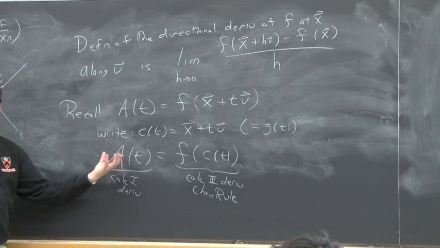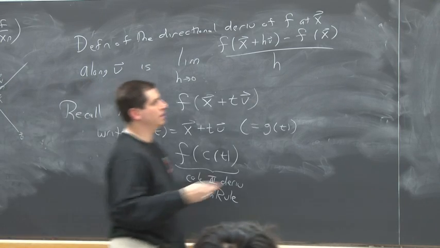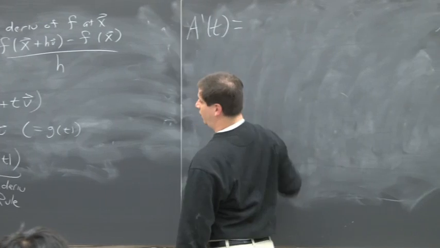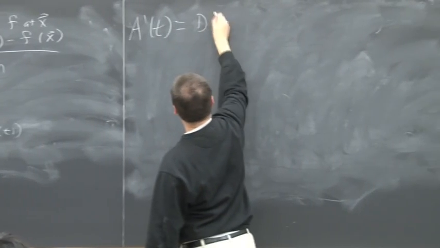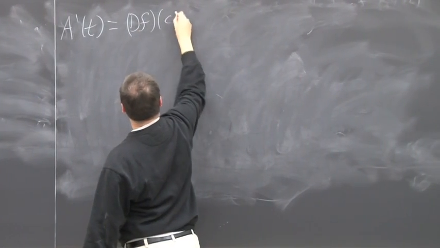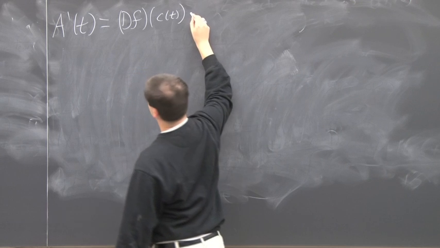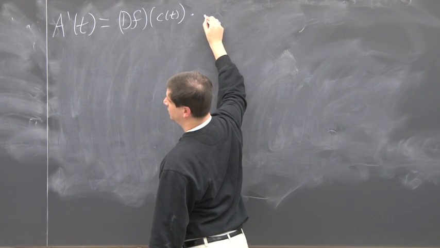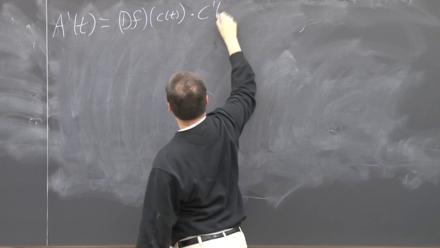So this side is very easy. We get a prime of t. And now from the chain rule, we get the derivative of f at c of t times c prime of t.